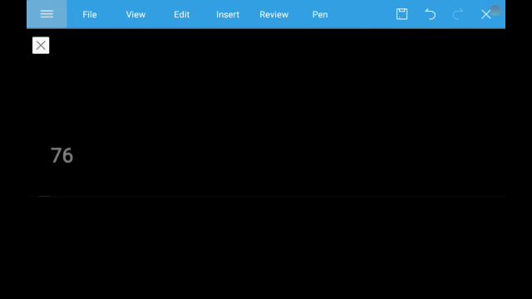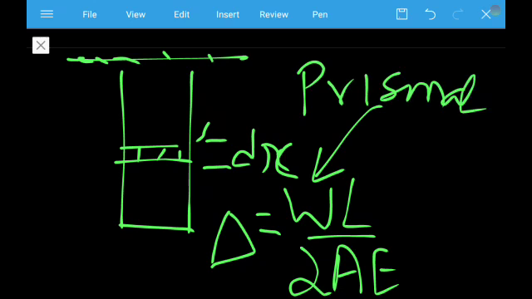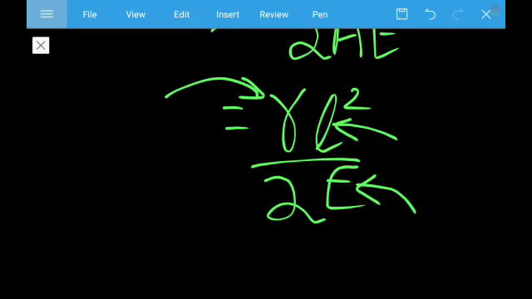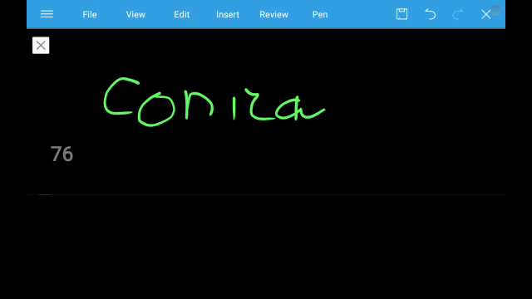Now for the conical bar. The above was the case for a prismatic bar. Now we take the case of a conical bar.